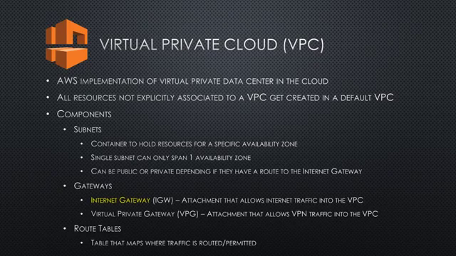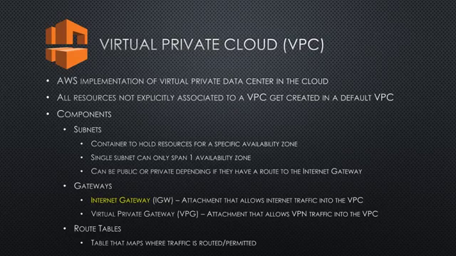Okay? So what is an internet gateway? We have two types of gateways we're going to talk about. An internet gateway, IGW, is an attachment that allows internet traffic into the VPC. So if you want your data center, your VPC, to have access to the internet, it must have an internet gateway attached to it. We also have virtual private gateways, or VPGs.